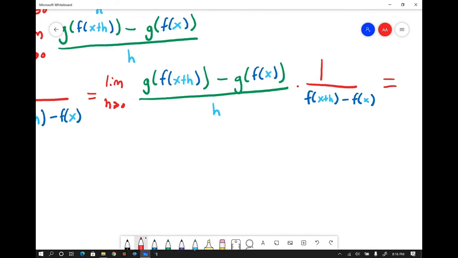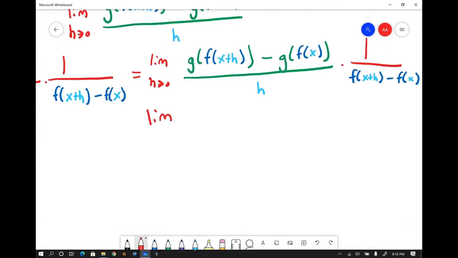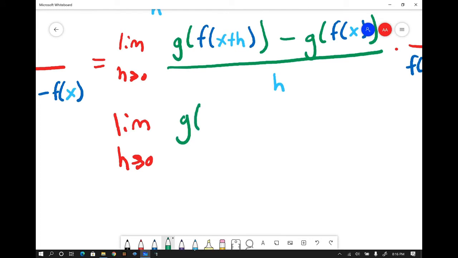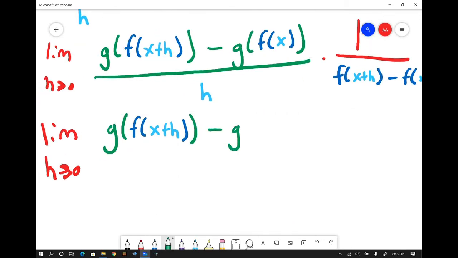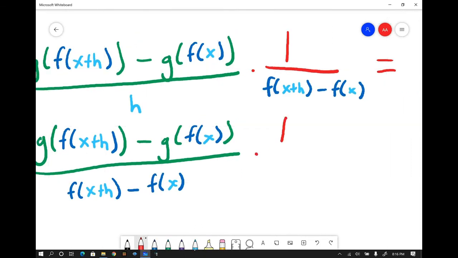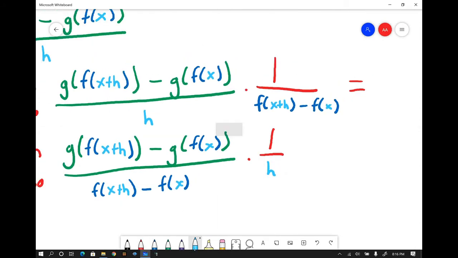So we'll have this equal to the limit as h goes to 0 of g of f of x plus h minus g of f of x, divided by f of x plus h minus f of x, and this is times 1 over h. So we can see that we haven't actually changed anything.